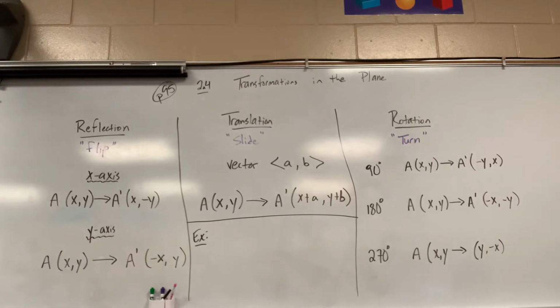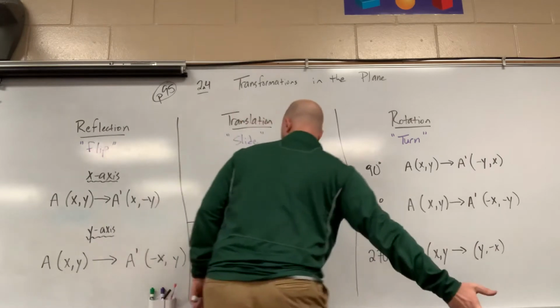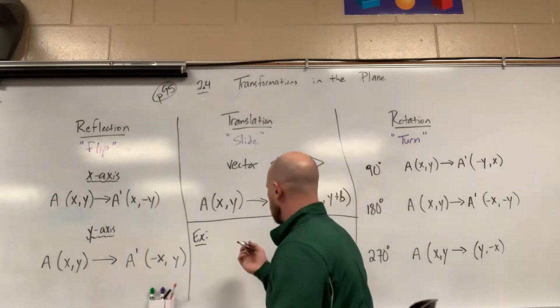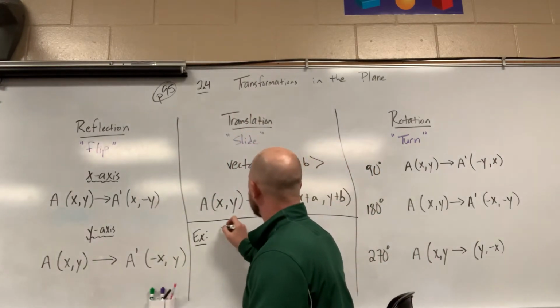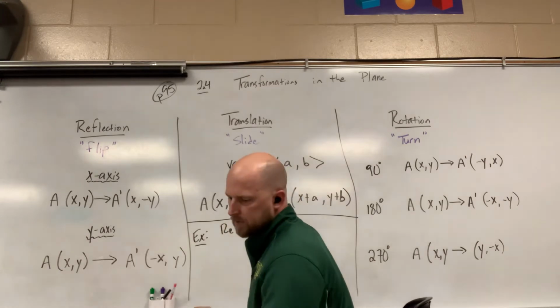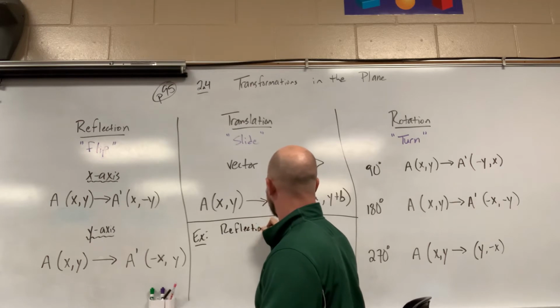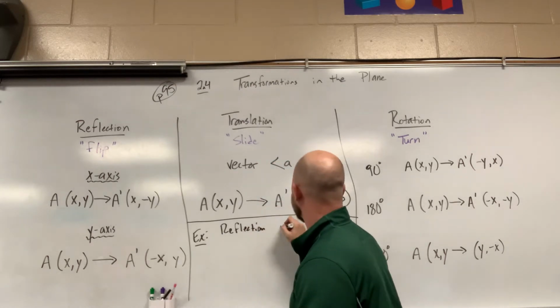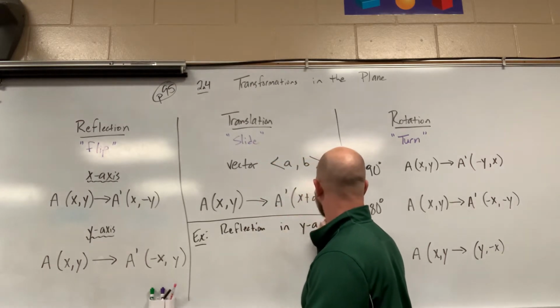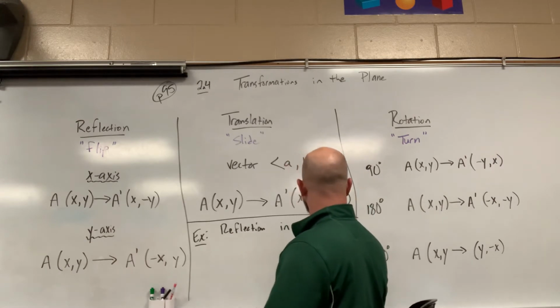For example, I'm giving you 3 points, and you take all 3 points and transform them. So let's say we're going to do a reflection about the y-axis. Now they're going to give you 3 points.